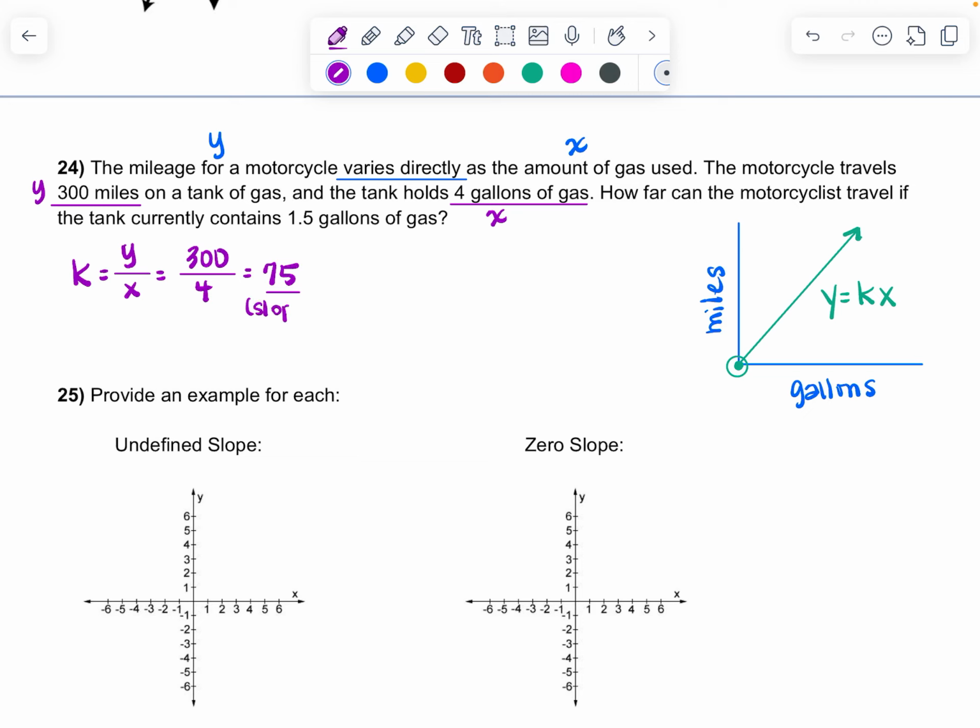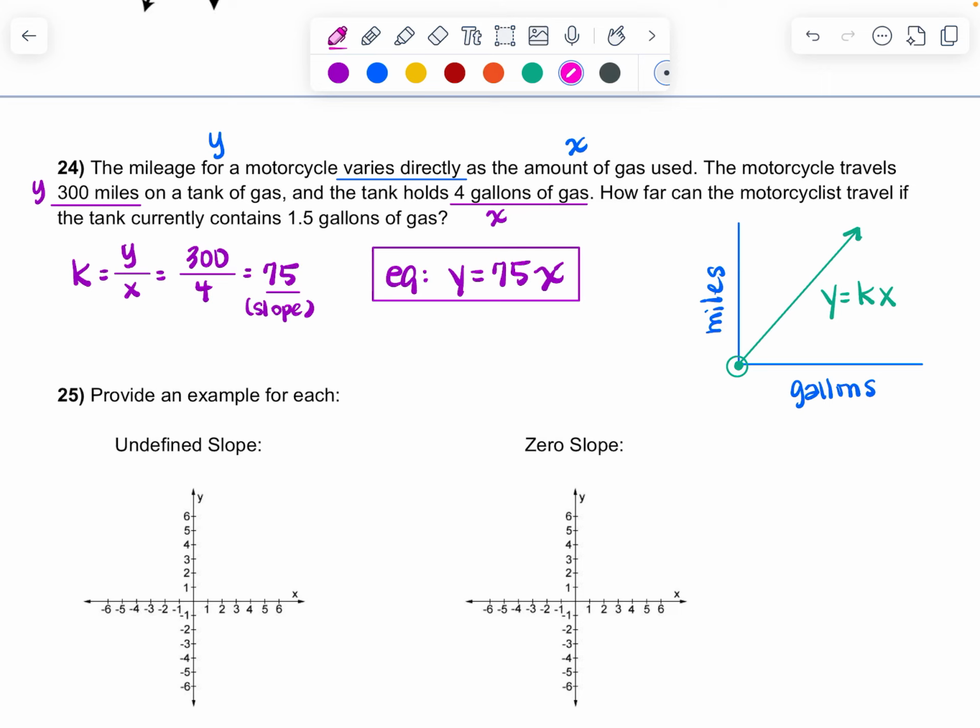So our slope is 75, which means our equation is y equals 75x. And the whole point of finding the direct variation equation is, now that I know y equals 75x, I can plug in any x and solve for y, or plug in any y and solve for x and find any missing information I want.